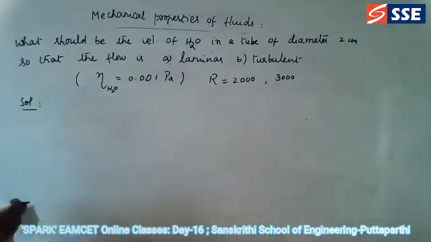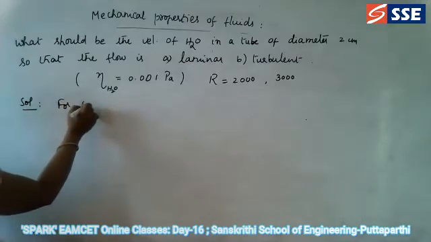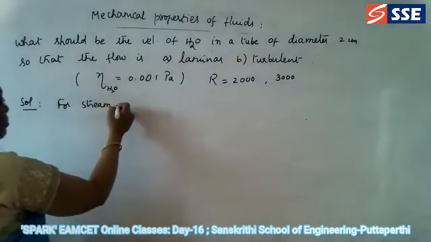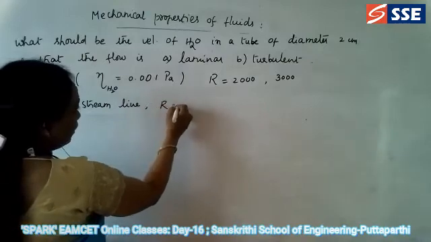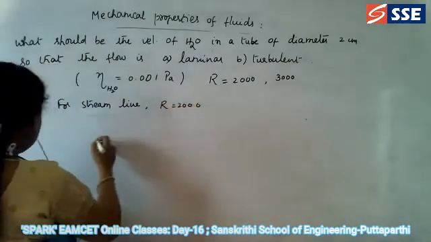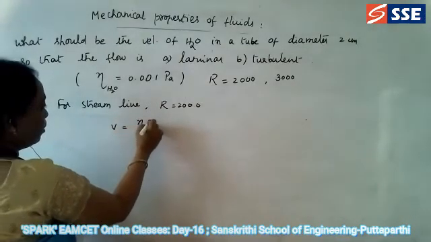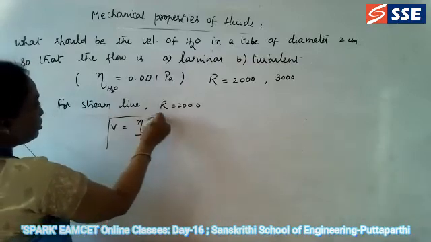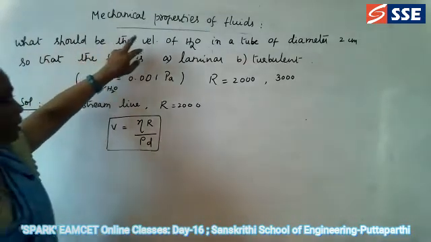So first we will give the formula for streamline flow. For streamline flow, R is given as 2000, and velocity is nothing but eta R by rho D. This is the simplest formula for calculating the velocity of water.